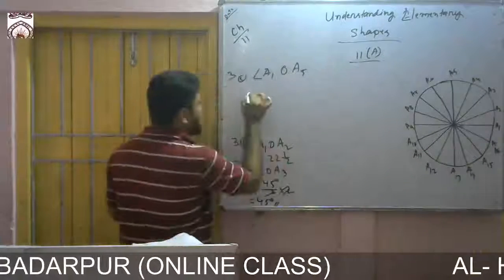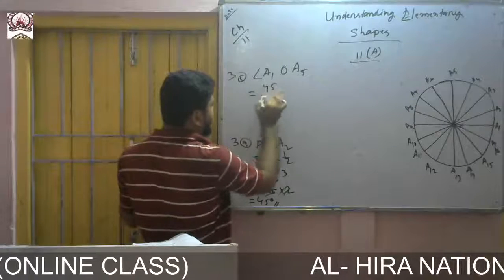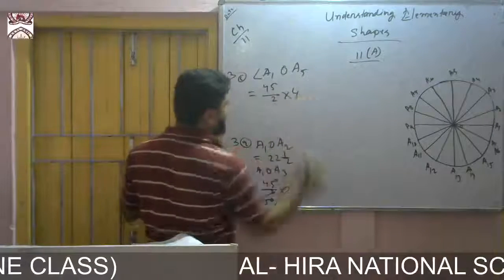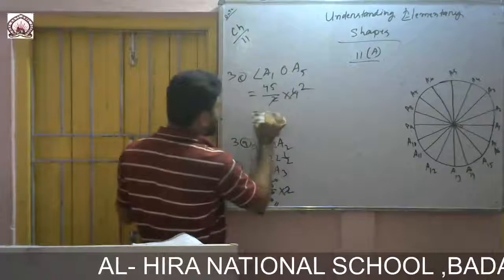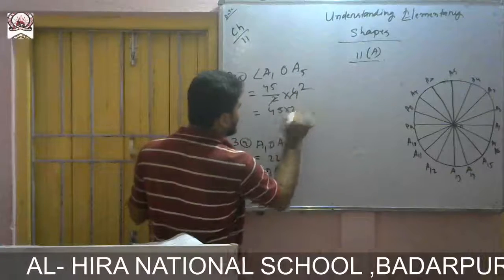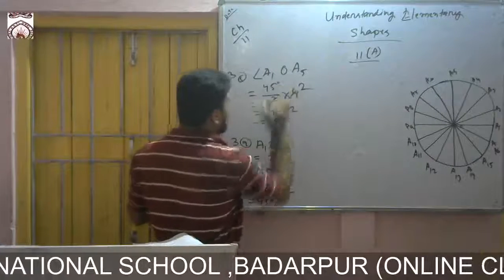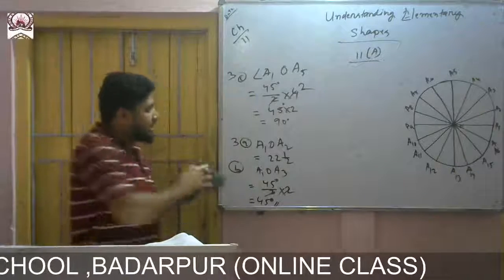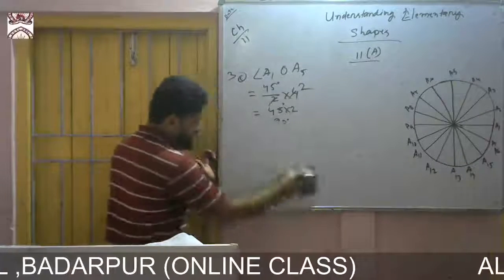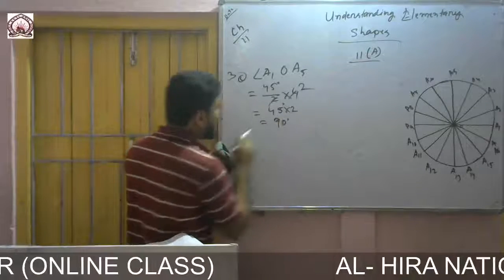So write like this: 45/2 into 4 parts. So 2 2s are 4, so 45 into 2 is 90 degrees.